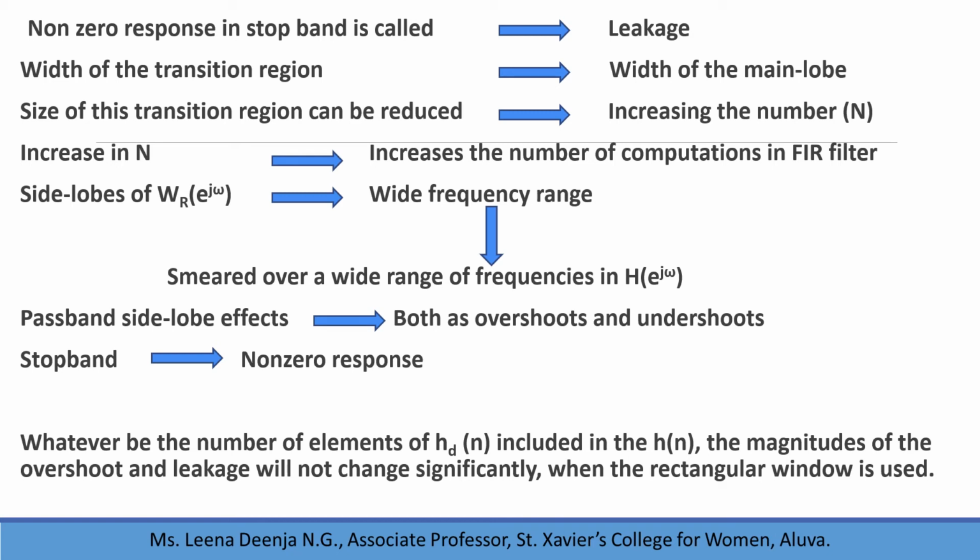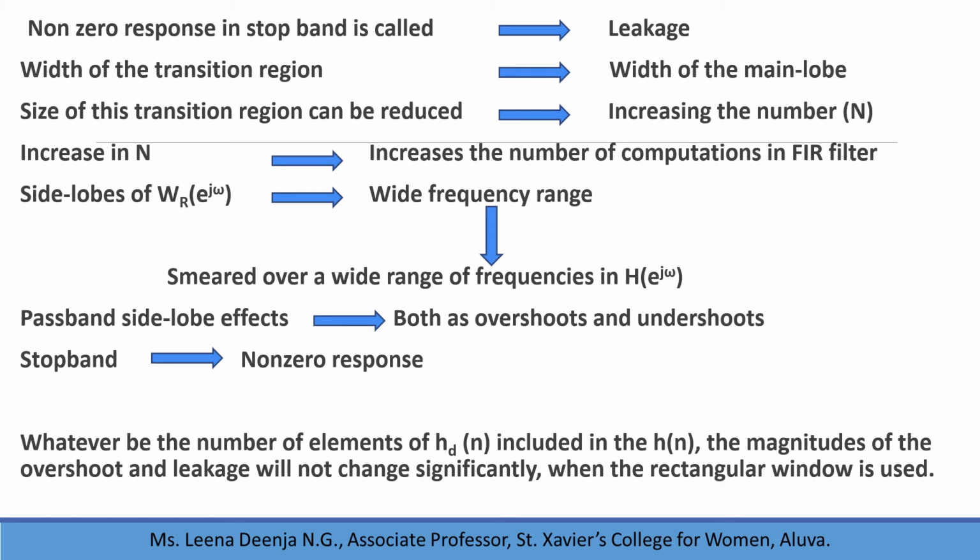The width of the transition region is related to the width of the main lobe of WR of e raised to j omega. Since the main lobe width is equal to 4 pi by N, the size of this transition region can be reduced to any desired size by increasing the number N. The increase in N also increases the number of computations.